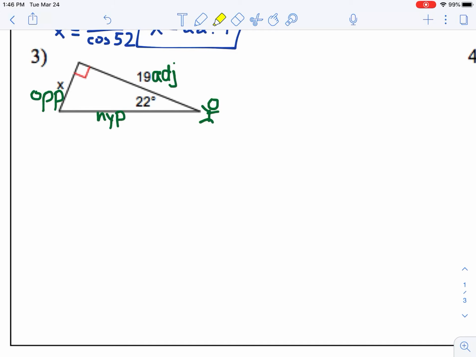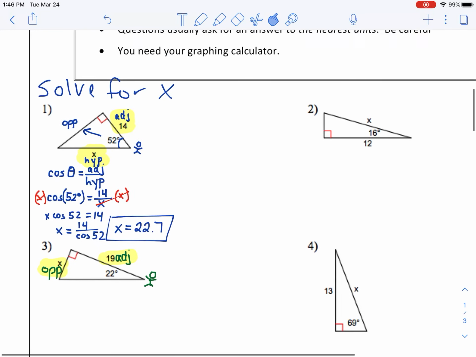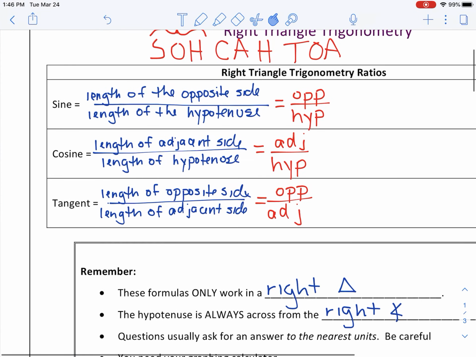So, once again, I care about the opposite side, and I care about the adjacent. Nothing's on the hypotenuse side, so I don't need it. Scroll back up. Figure out which trig function I'm using with the opposite and the adjacent. Oh, this one, tangent has to do with the opposite and the adjacent.